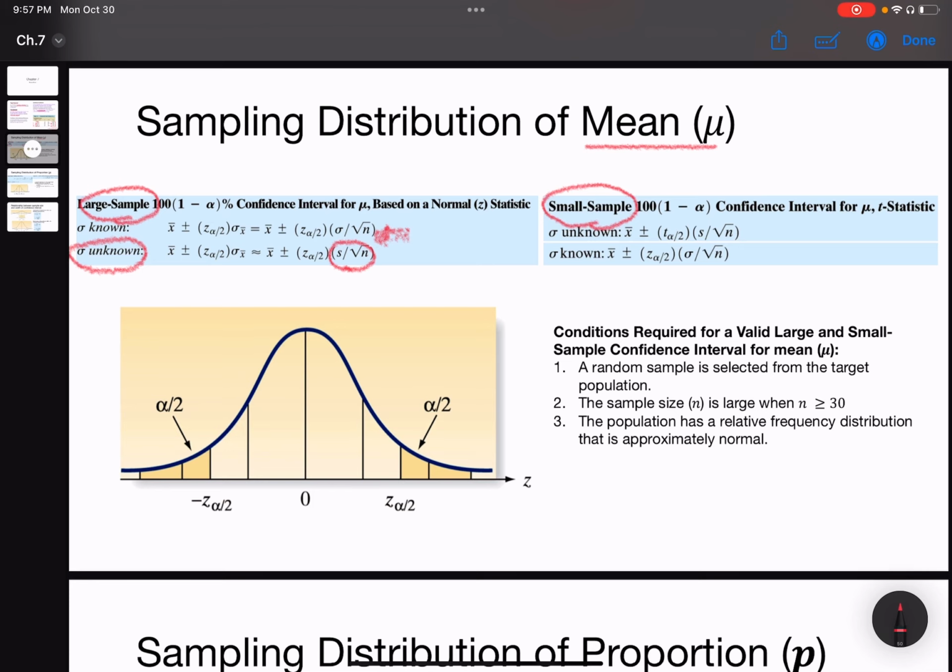Also, we consider n bigger than 30 as a large sample and n less than 30 as a small sample. And basically, due to the central limit theorem, this condition guarantees that the sampling distribution of x bar is approximately normal.